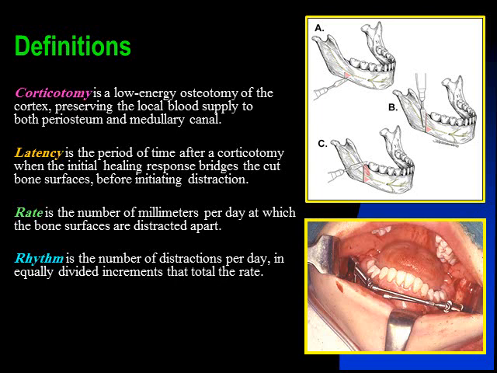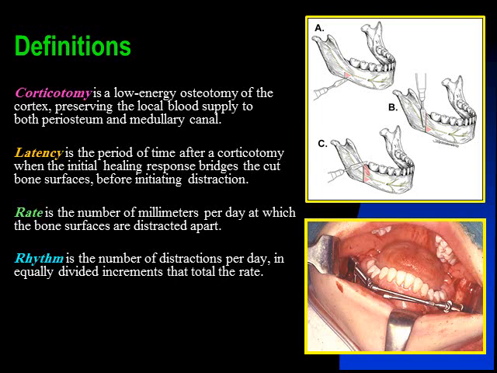This is called rate. So the rate is the number of millimeters per day at which the bone surfaces are distracted. So we can distract the bone approximately 1 millimeter per day. And it's better not to apply the 1 millimeter at once, but to apply it twice. So each time we can distract the bone by about half a millimeter.